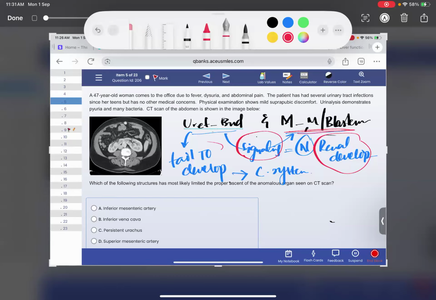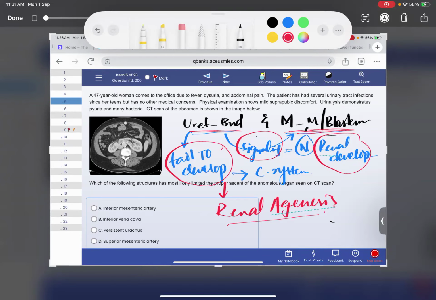So when the ureteric bud fails to develop, we will have renal agenesis. I was talking about how the signaling is important, right?